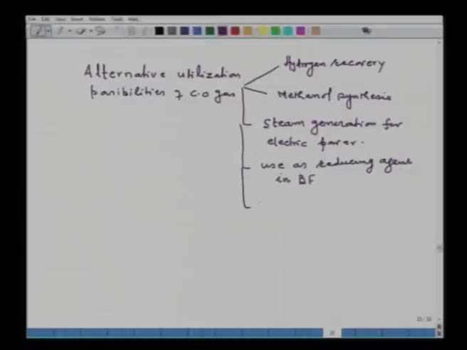One can also think of the use of coke oven gas for the production of directly reduced iron. So these are the other possibilities of using this coke oven gas.